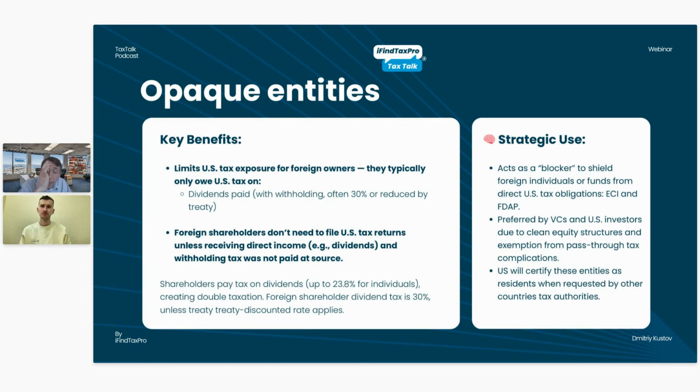That's one point: you pay tax on dividends and so on. Strategic use: it acts as a blocker. So if you don't want to worry about ECI, effectively connected income, if you don't want to worry about FDII income that can be taxed on gross.